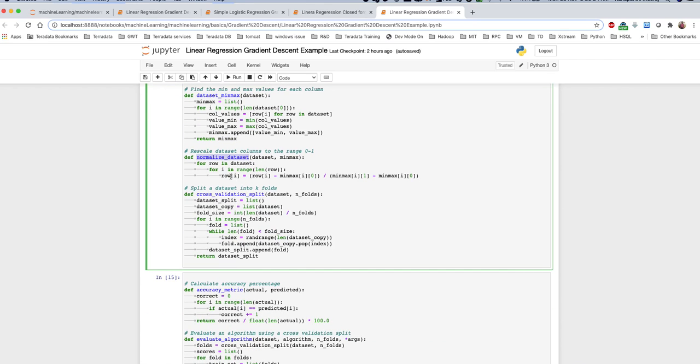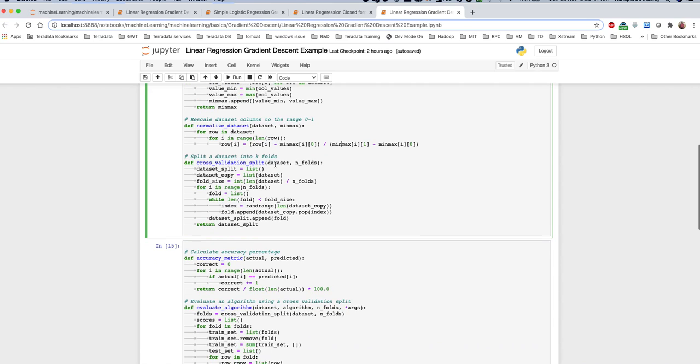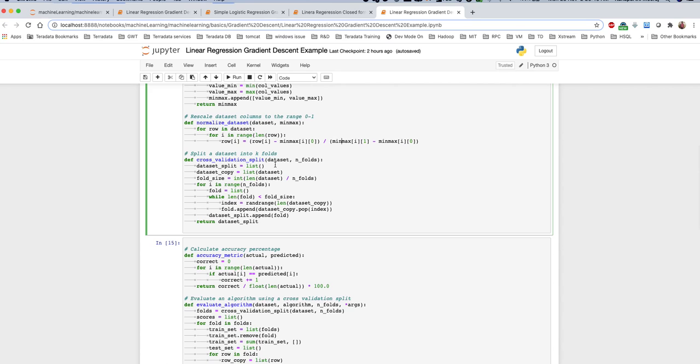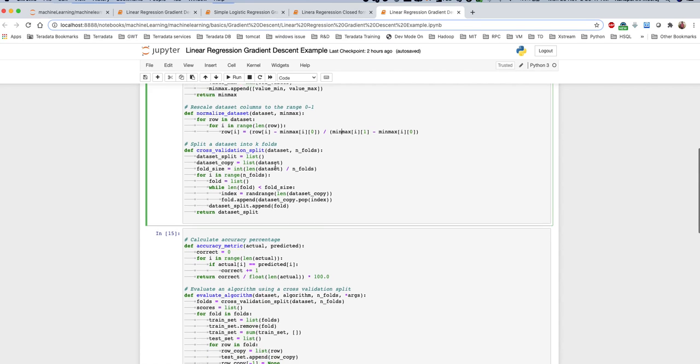For normalization, we go through a particular record and use min max. We subtract and divide by min max, and then we get the normalized data so that we can predict the models. In one of the earlier videos I covered normalization and explained a little more about it.